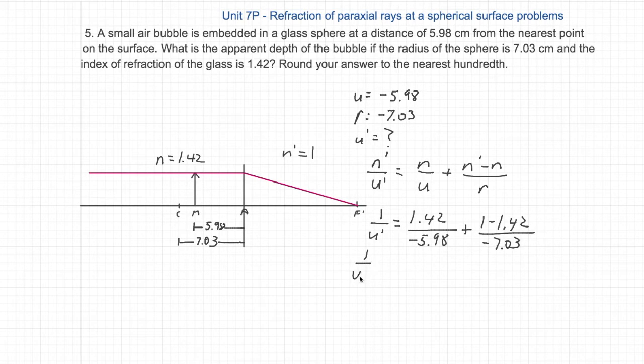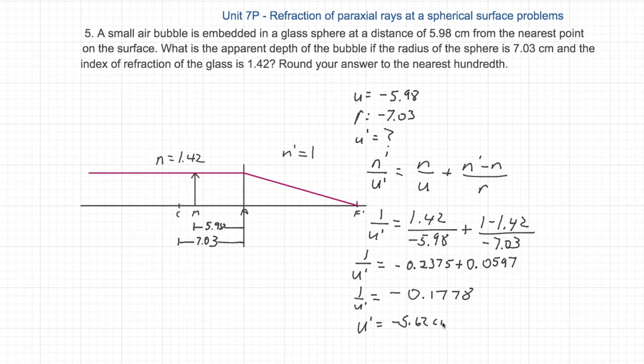And now we'll have to use a calculator. So we find these decimals. And we find that U prime equals negative 5.62 centimeters.